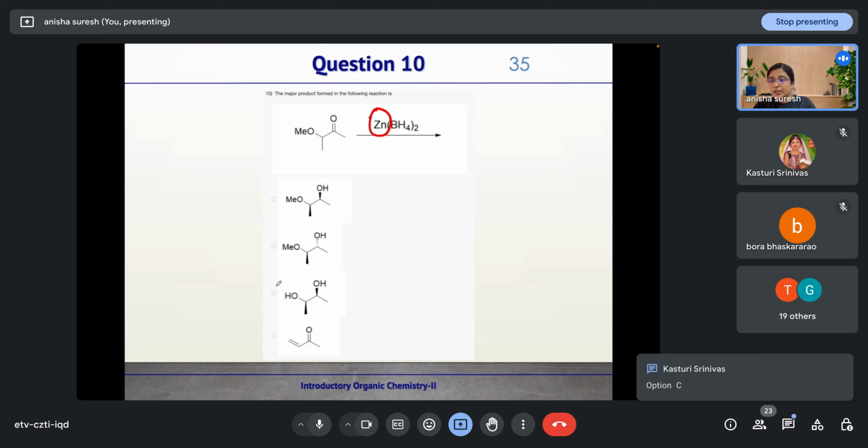OMe will not be deprotected. So either A or B. Option B. Let us see.